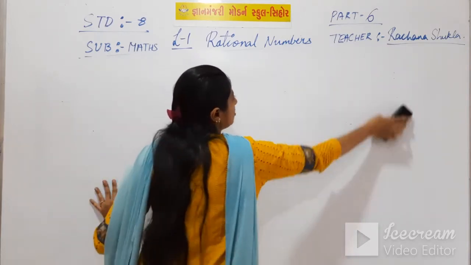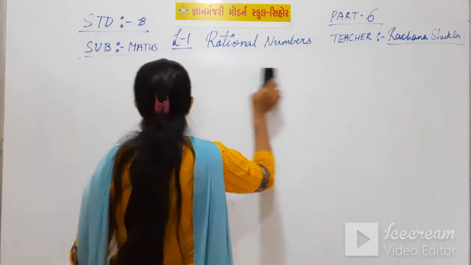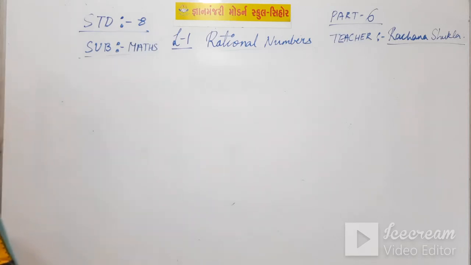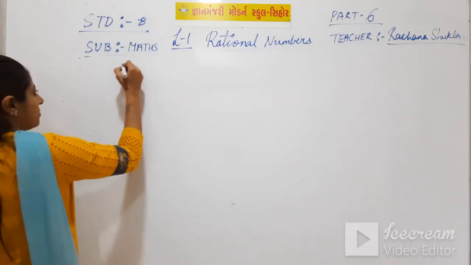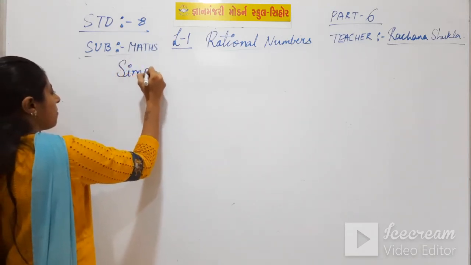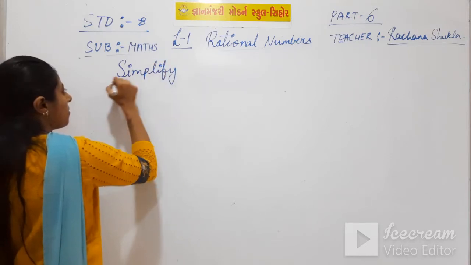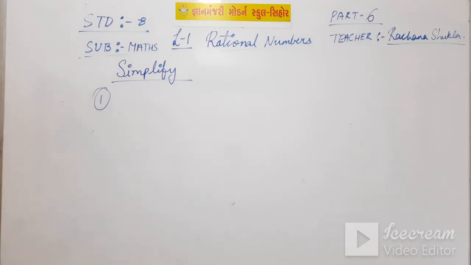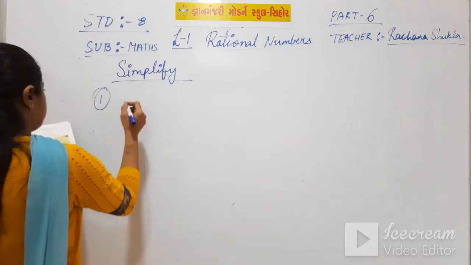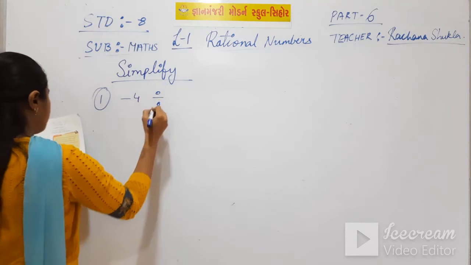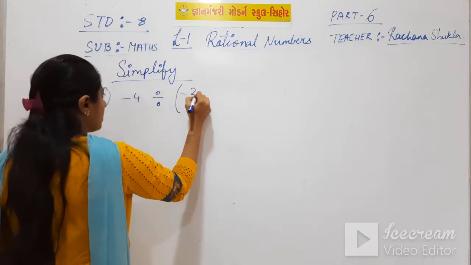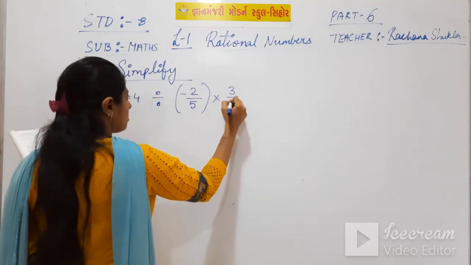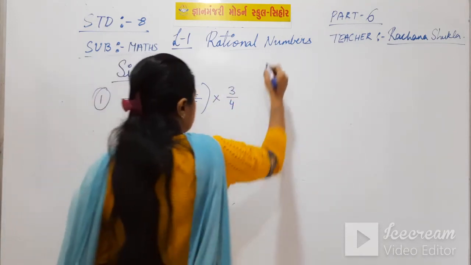Now I will teach you two simplification sums which involve both multiplication and division. First, writing down the question, then I will explain it. Minus 4 divided by minus 2 upon 5 into 3 upon 4.